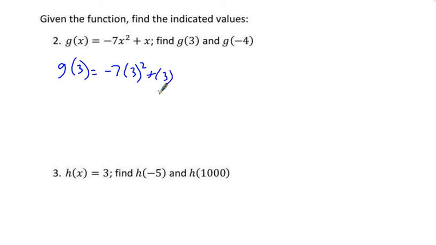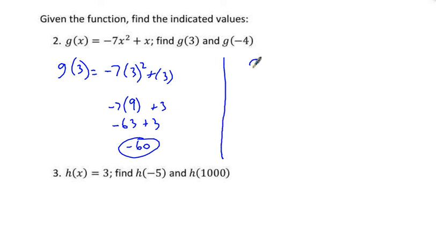Again, remembering to use parentheses every time we substitute. 3 squared is 9 times negative 7, and you get negative 60.